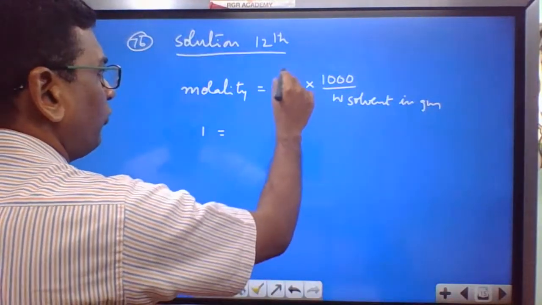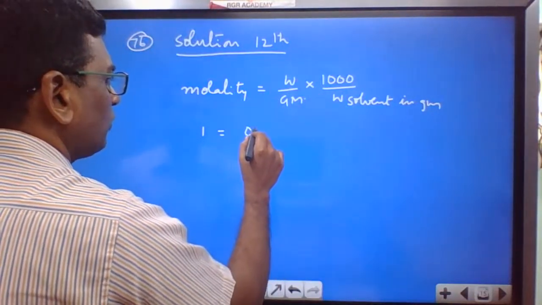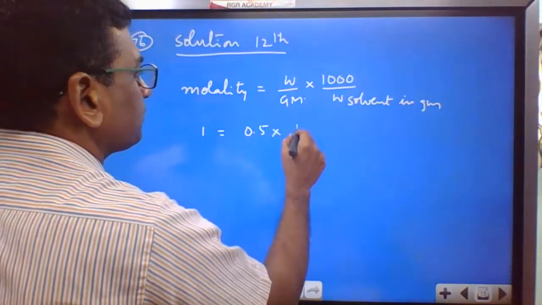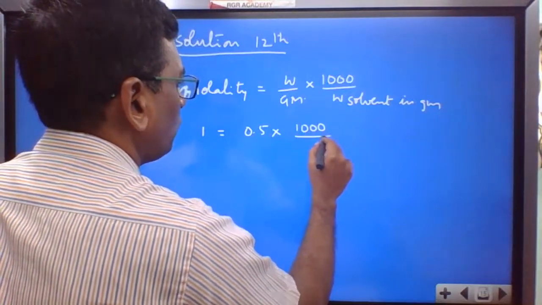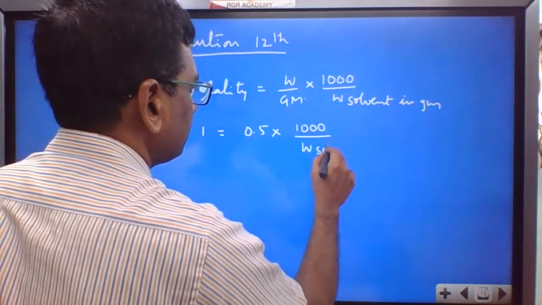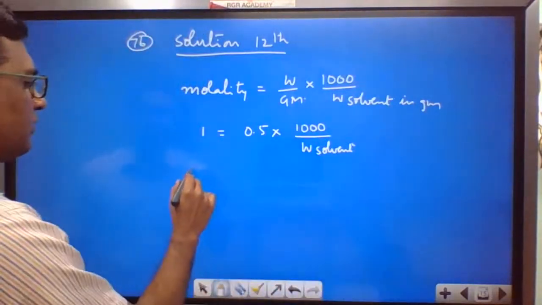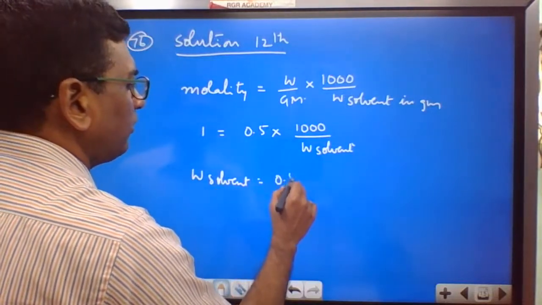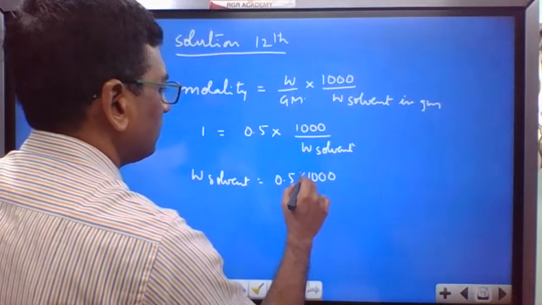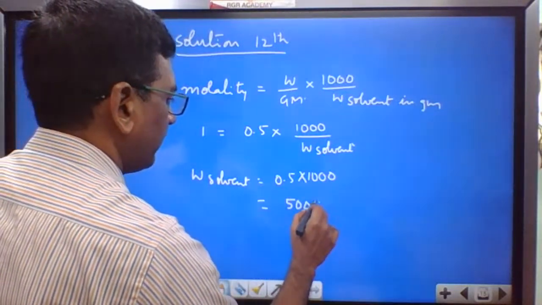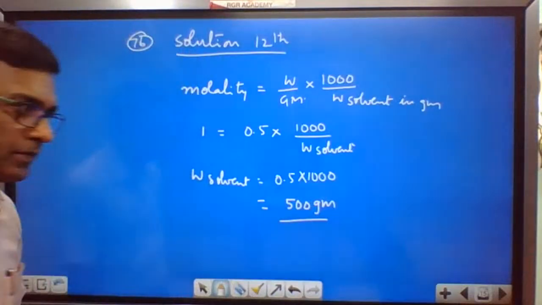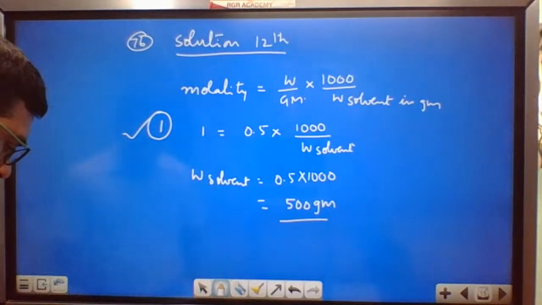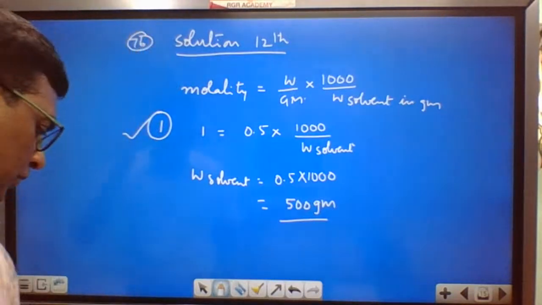Weight by molar mass they give 0.5 moles into 1000 by, we want to find out the weight of solvent. Then weight of solvent is equal to 0.5 into 1000, that is equal to 500 grams. So option 1 is correct for 76. Okay, clear now?